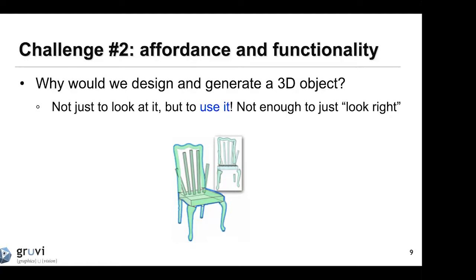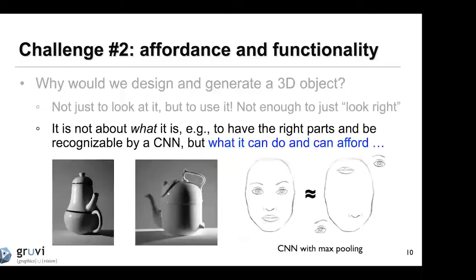Certainly it's not enough for this 3D object to just look right from one particular angle, where it's actually not even a connected 3D shape in this example. And it's not just about what it is, like if you're able to use a CNN to recognize it. If you have just the right parts, and the parts may not even be in the right places, the CNN may still say it's a face or it's a teapot.